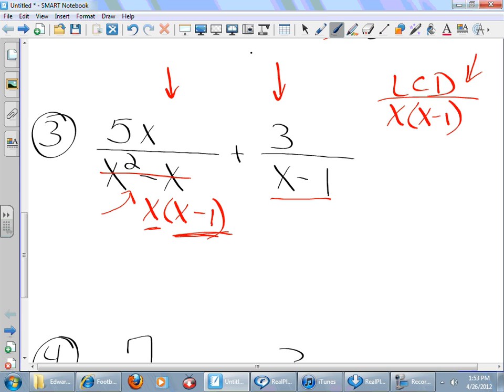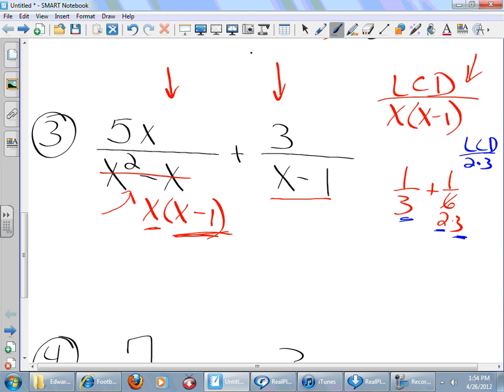Okay, it's kind of like when we did a problem like this, 1/3 plus 1/6. I know the LCD is 6, right? If I wanted to, I could break this 6 up into 2 times 3 and then say my LCD is 2 times 3. See, it's the same thing.